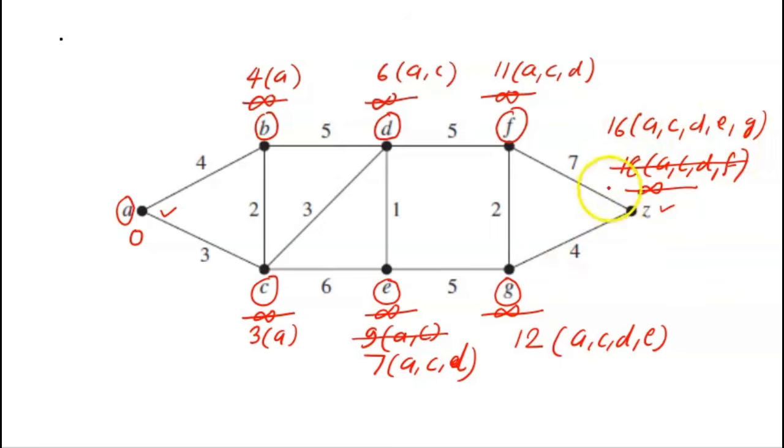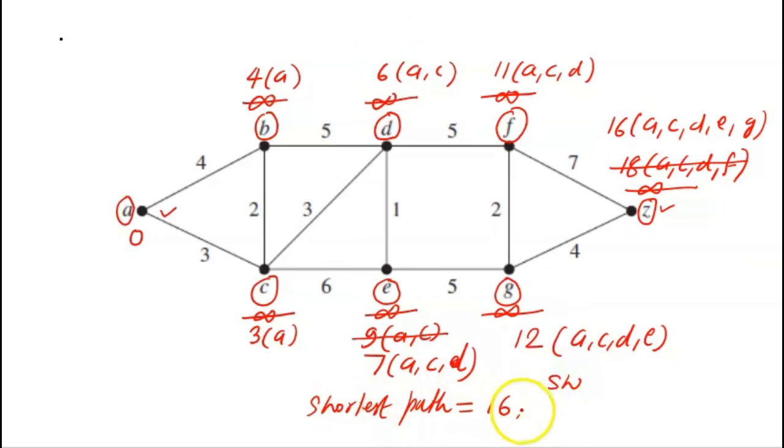Now you know that I have blocked all the vertices. We arrived at Z, and we have got the minimum distance, that is 16, so I am blocking Z now. So what is the minimum or shortest path here? The shortest distance is 16.